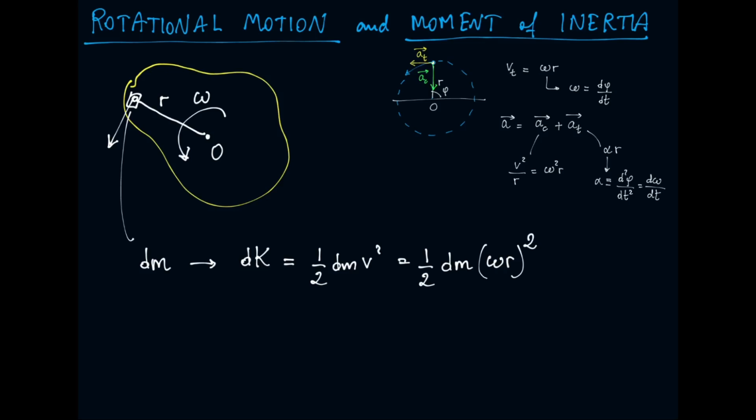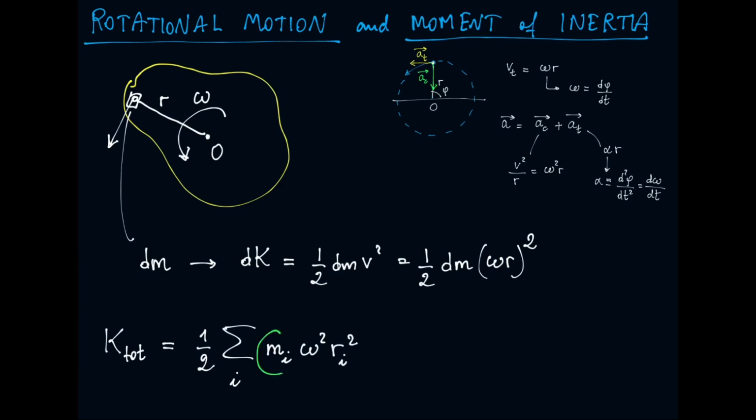So if I add all of these little contributions, then the total kinetic energy of this blob that is collectively rotating is the sum of all of these contributions: 1/2 the sum of m_i, where m_i is the mass of the element of my system labeled i, times omega squared times r_i squared.